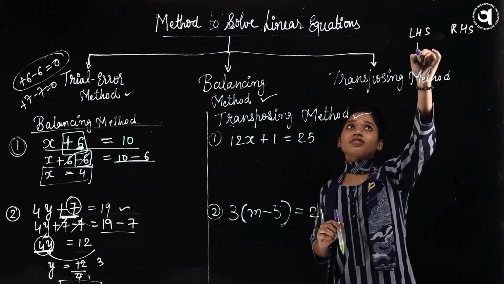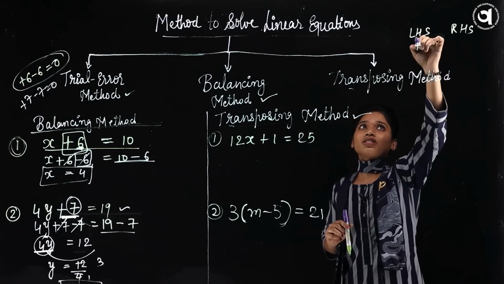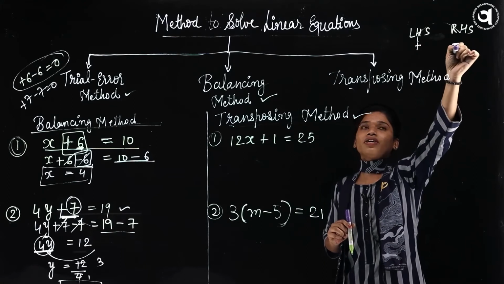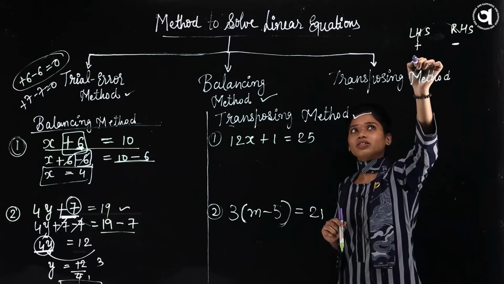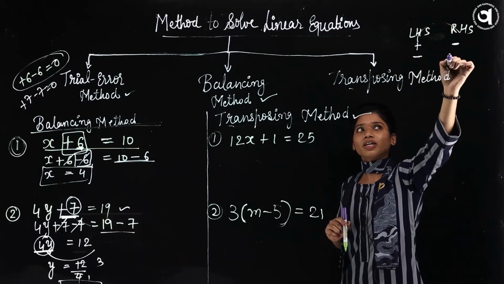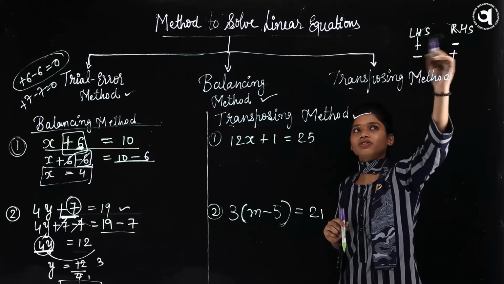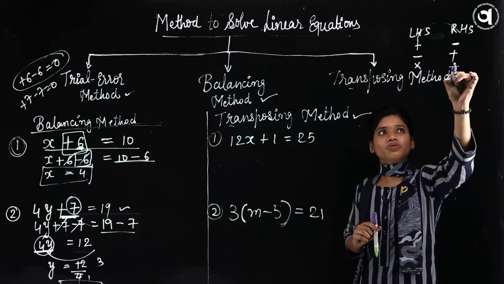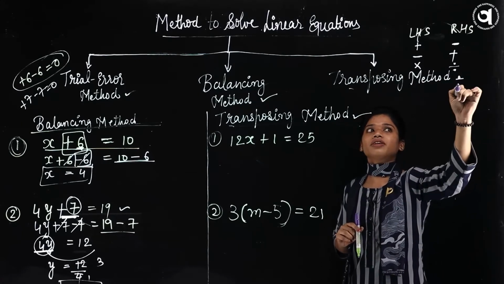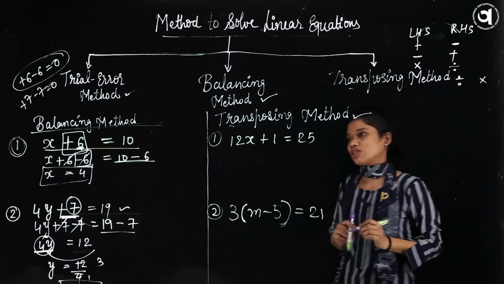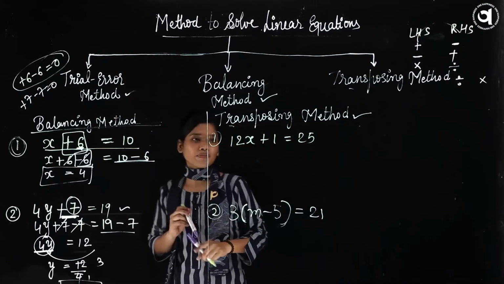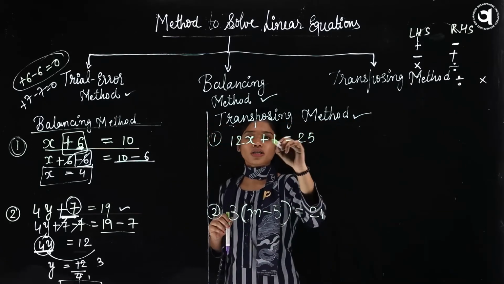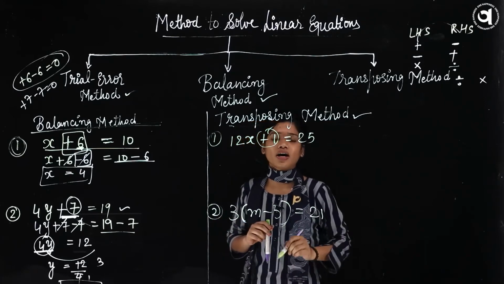If on your LHS a number is positive, you have to transfer that number to RHS, and it will become minus. Now if LHS has a minus sign, it will become positive on the opposite side when you transfer. If it is multiplication, it will change into divide, and if it is divide, it will change into multiplication. Transposing means we are transferring the number from LHS to RHS side.